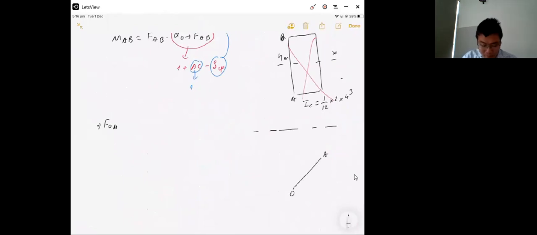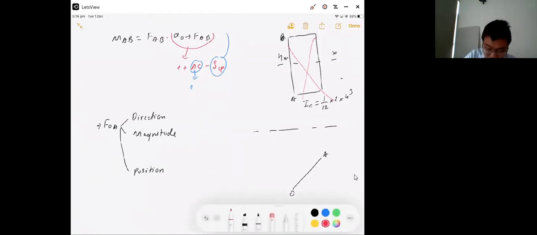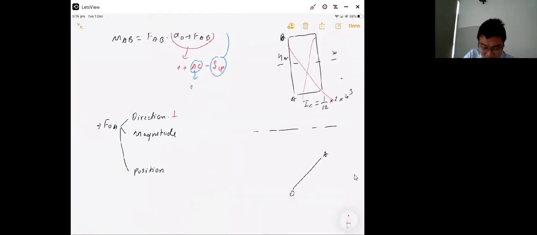Three things: direction, magnitude, position. Direction is perpendicular with OA.